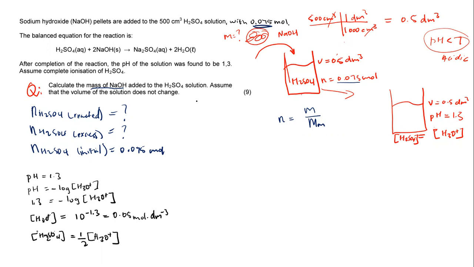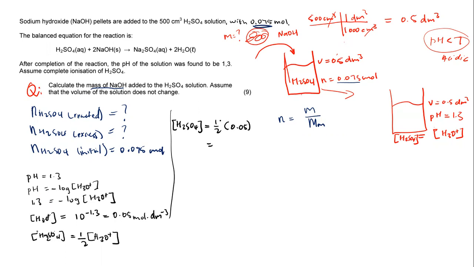So that means the concentration of H2SO4 in this case will be equal to how much? I'm going to say 1/2 multiplied by 0.05, which we got earlier.